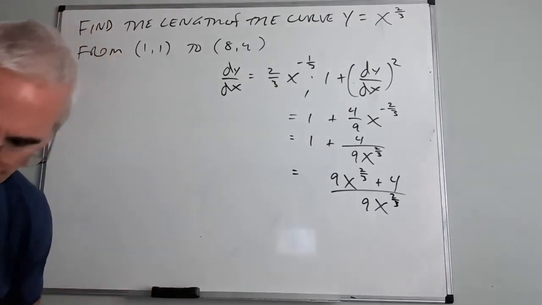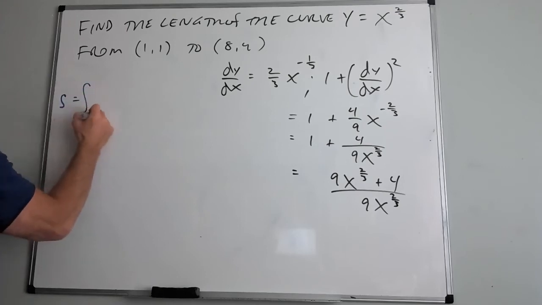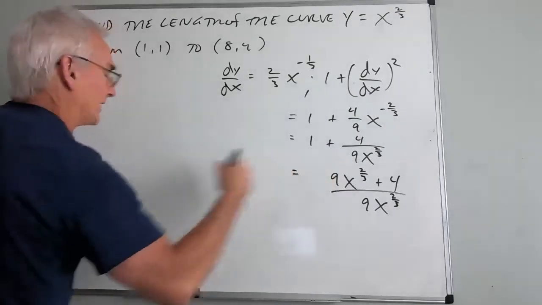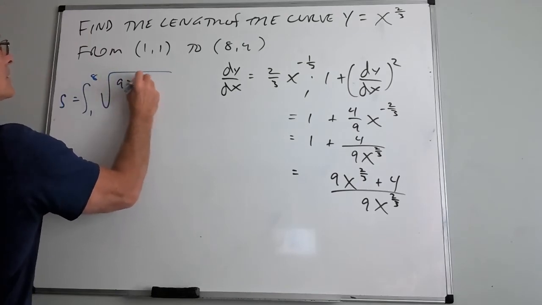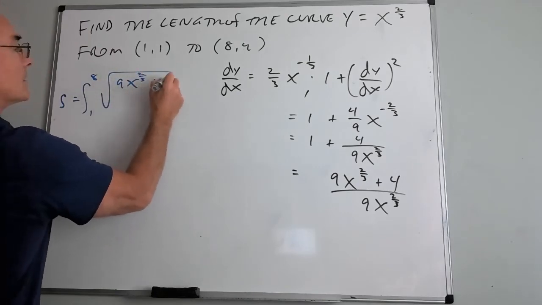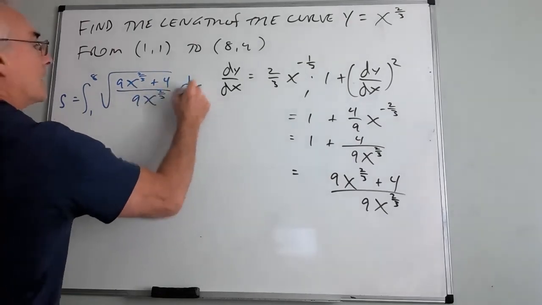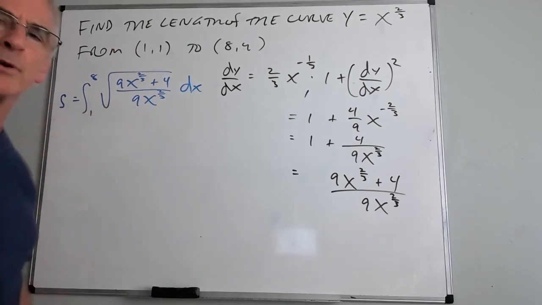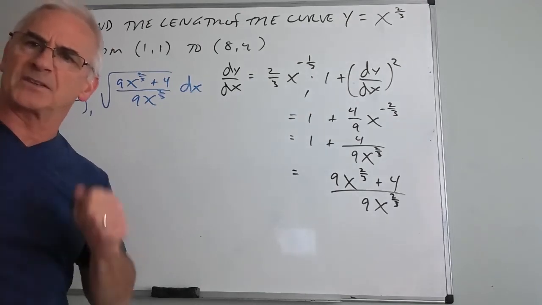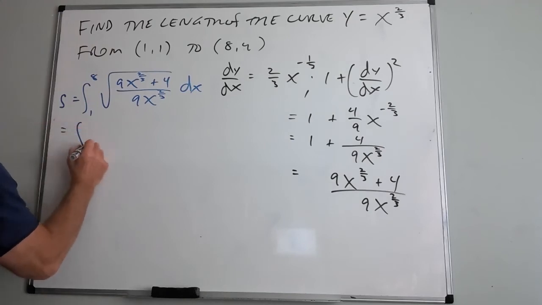So now I can say that the length of our curve is the integral from 1 to 8 of the square root of this. All right, okay, so we're dead in the water. Well, actually, not exactly, because isn't my denominator a perfect square? It's 9x to the 2/3, but that is a perfect square. Like, what is being squared there?